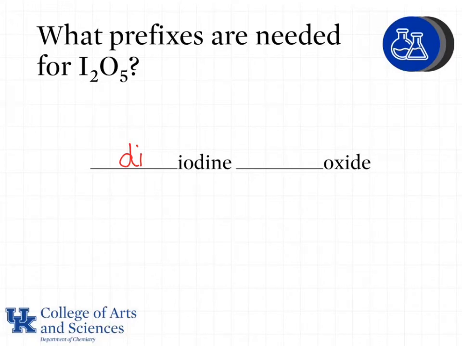When we look at oxygen in the formula, we see that it has a subscript of 5, so we're going to use the prefix penta for oxygen. So the name of this compound is diiodine pentaoxide. In some names you'll see that a letter has been dropped. For example, instead of saying pentaoxide, it's often changed to pentoxide to remove the double vowel. Either one would be considered correct when entering the prefix on an exam.